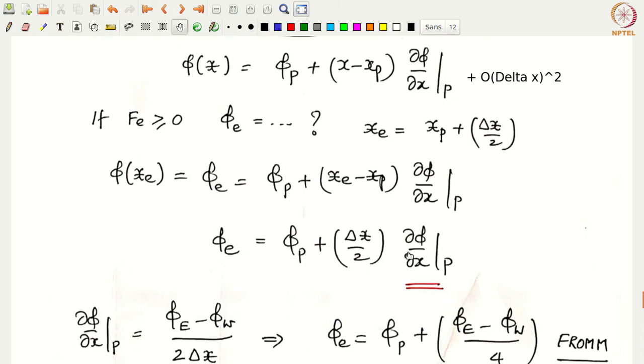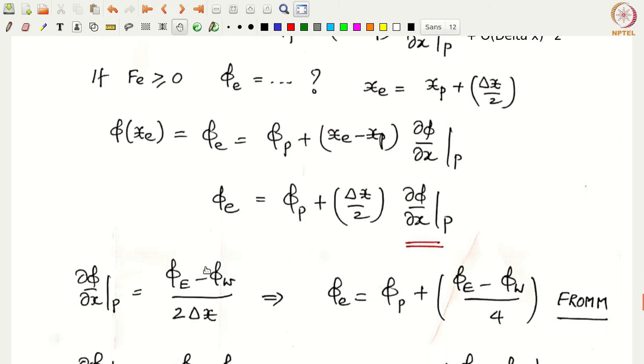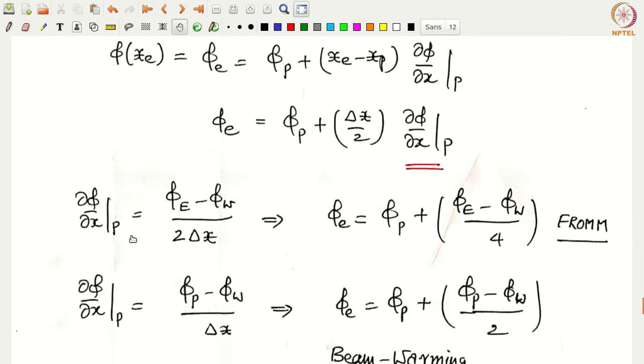We can of course write this in two ways. One is using a central difference formula, that is, partial phi partial x at p can be written in central difference terms as phi east minus phi west by 2 delta x, the distance between east and west. This gives you phi little e equals phi p plus phi east minus phi w by 4, because you have a 2 here and a 2 here, and delta x gets cancelled.